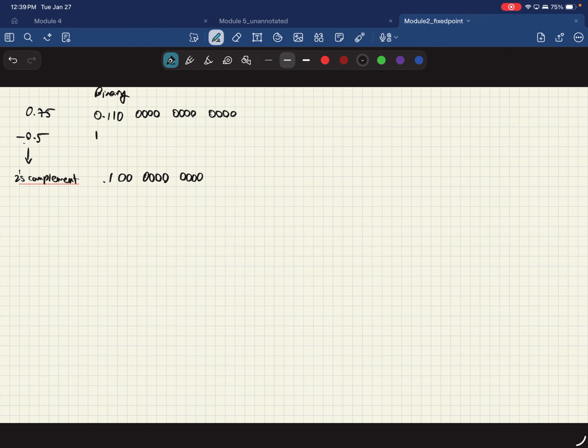I have 15 bits to show this. Did I get to 15? No. Right? And then this is my 0.5, and then I do the 2's complement. We flip these, and then we add 1. So that's 0, 0, 0.